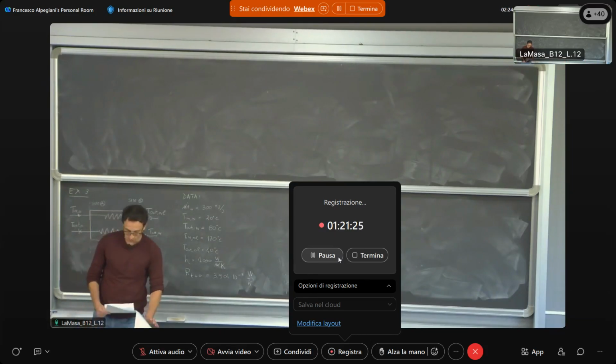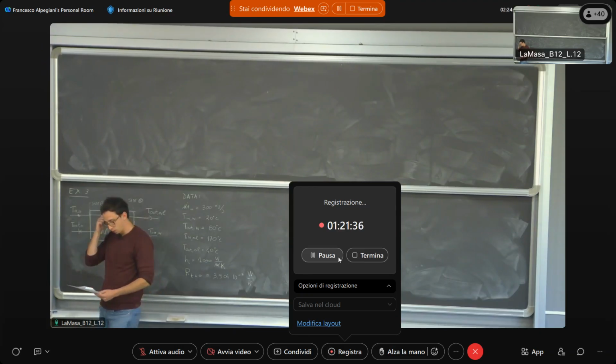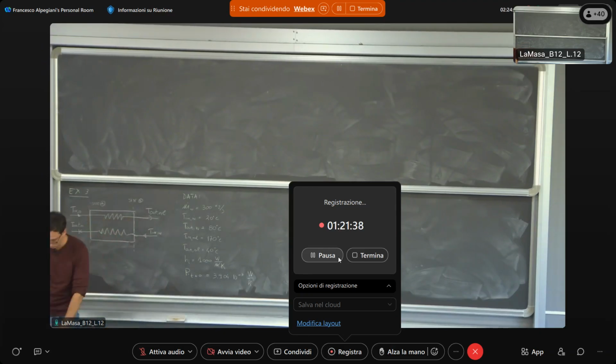The request is, assuming that the overall heat transfer coefficient does not change, to determine inlet and outlet temperatures of the oil, exploiting this relation, which links essentially the epsilon, the NTU, and the CR for a counter flow heat exchanger.